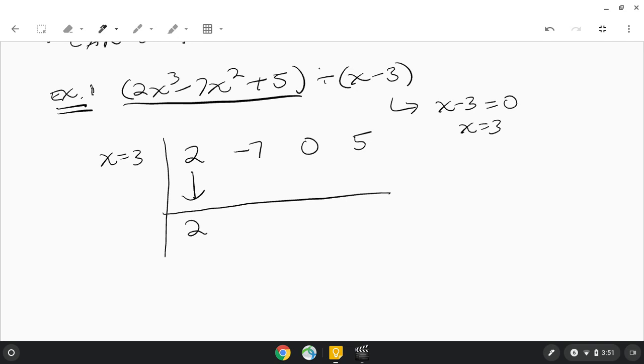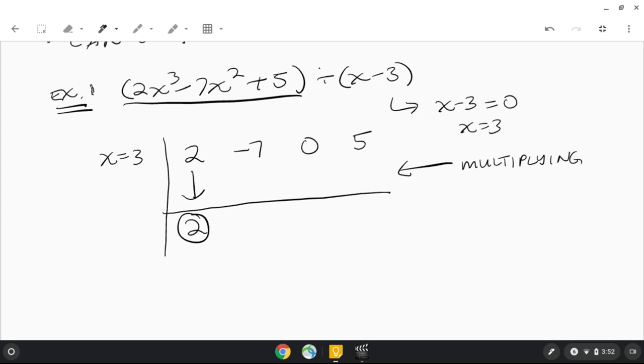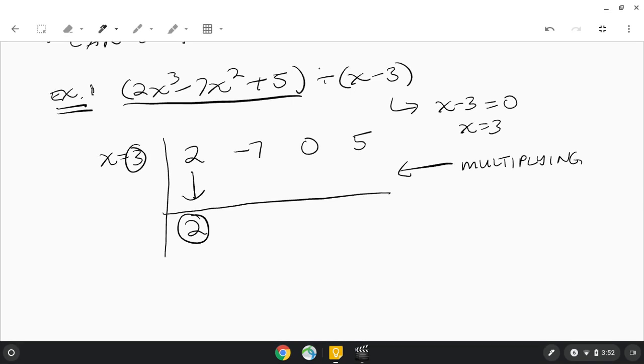And then I'm going to go ahead and fill this row with numbers. The way I get that row is by multiplying. So what do I multiply? Well, for here, I'm going to do 2 times 3, so that's going to give me 6.